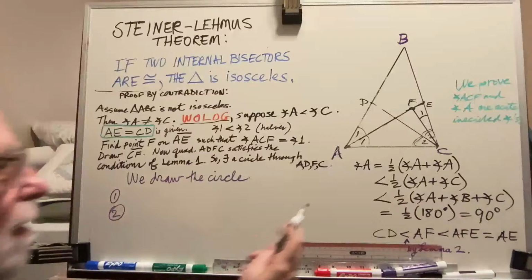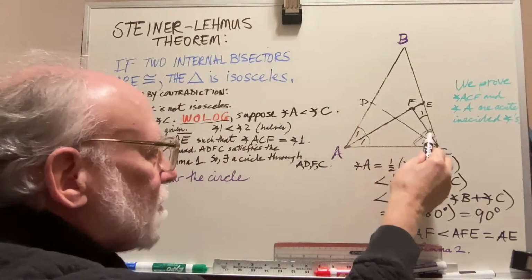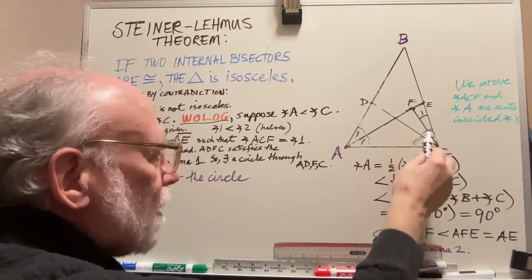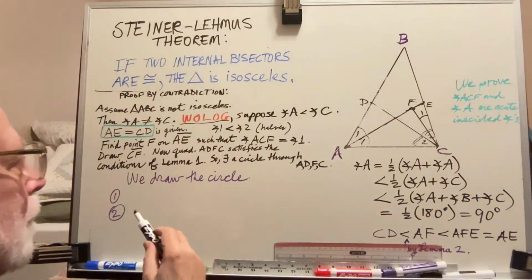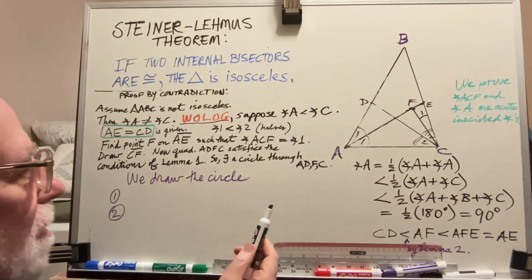Now, F can't be on the other side of CD, because 2 is bigger than 1. So now we did draw a CF there.